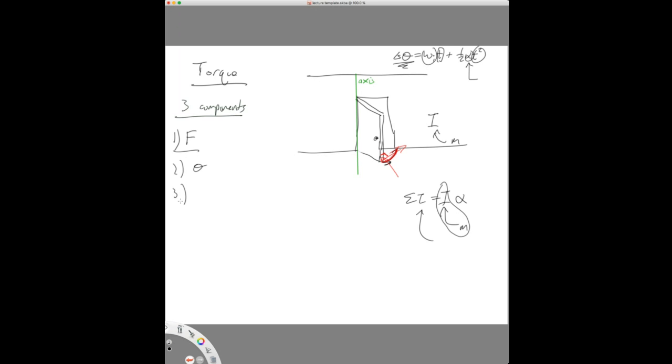That's not the angle. That's not how hard I push. And again, it's something we already know what we should do. So it's hard to think about pushing the door the wrong way. But there's a third thing that influences how quickly the door will open. Can anyone think of what else about the force vector, not how big it is and not the angle, could affect how quickly the door closes or opens?